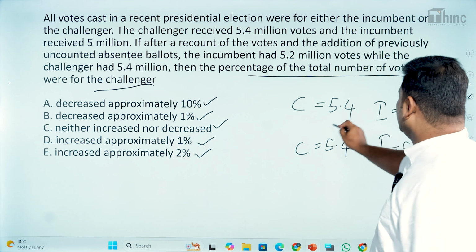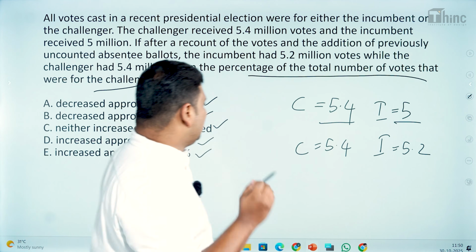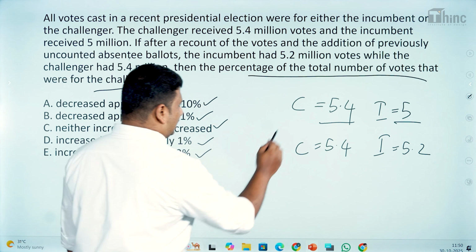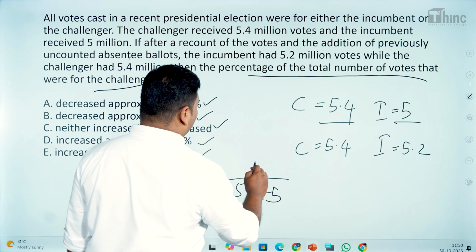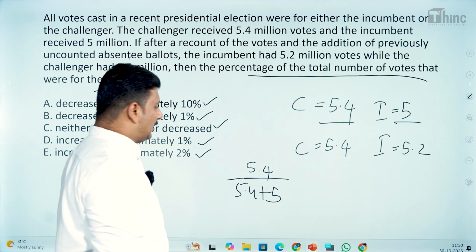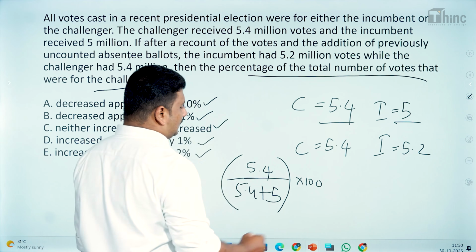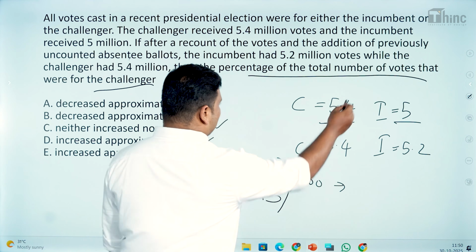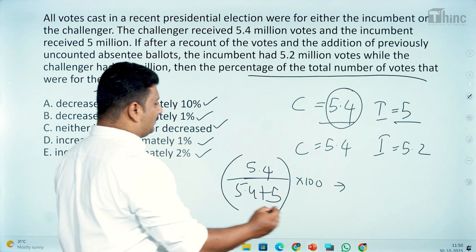In the first count, the challenger received 5.4 million, the incumbent received 5 million. So what is the total number of votes in the first count? It is 5.4 plus 5, right? Out of that, the challenger received 5.4. How can we convert this into a percentage? We'll multiply this by 100, correct? So in the first count, what the challenger received is 5.4 and the total votes is 5.4 plus 5, which is 10.4.